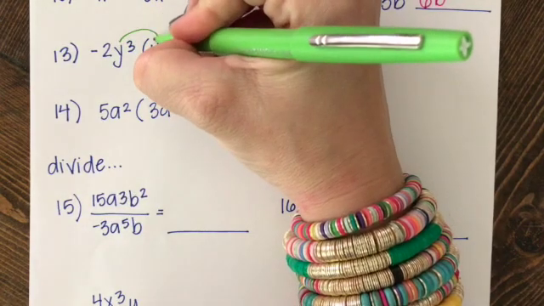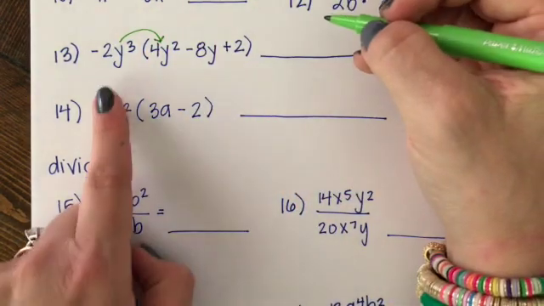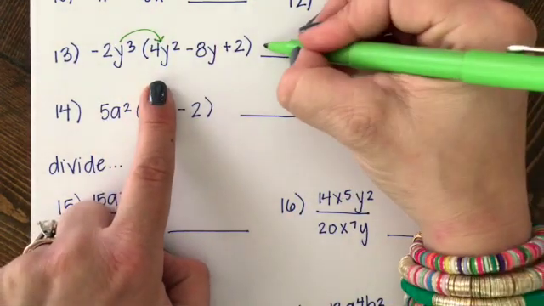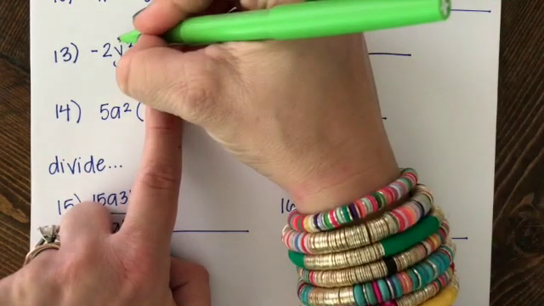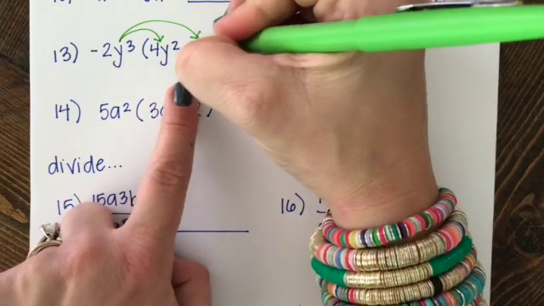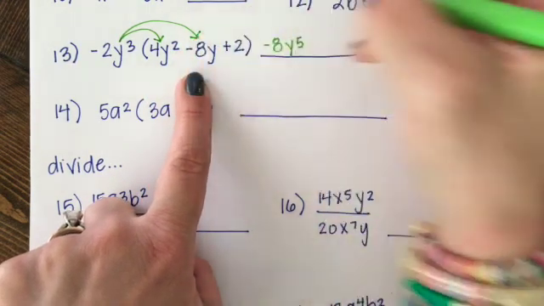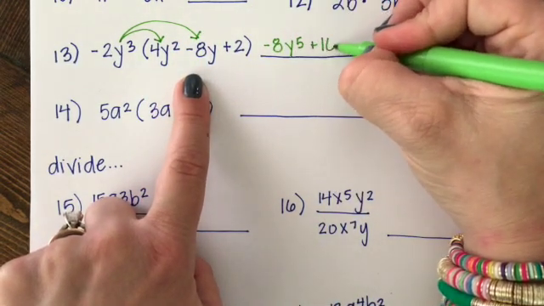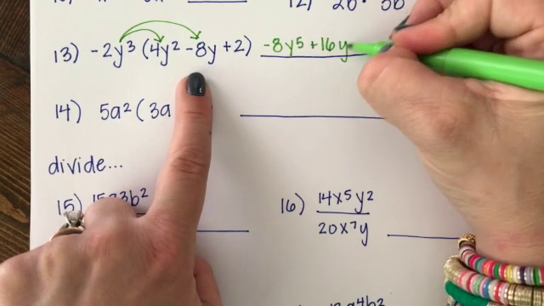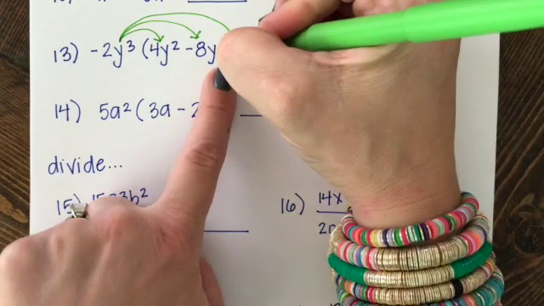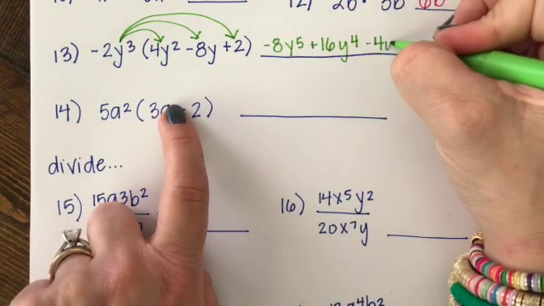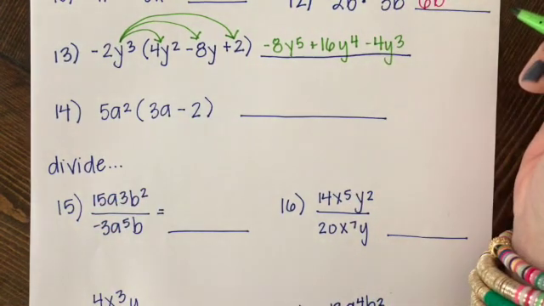So negative 2y to the 3rd times 4y squared would be negative 8y to the 5th. And then negative 2y to the 3rd times negative 8y would be positive 16y to the 4th. And then negative 2y to the 3rd times 2 is negative 4y to the 3rd.